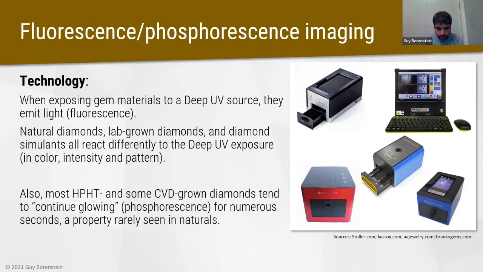Under deep UV, by the way, if the device is strong enough, we can force every diamond to fluoresce, not only the 35% that we see in long wave, but every diamond will fluoresce in some color. And we will try to identify it accordingly. The camera will also continue to record what happens inside the chamber after the light source is turned off, just to make sure whether there is a phosphorescence effect or not.